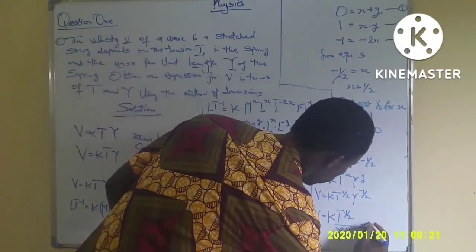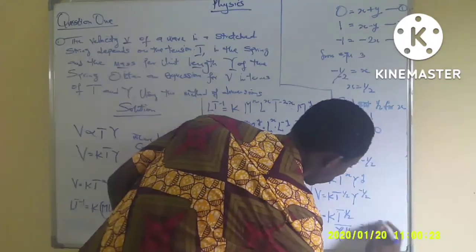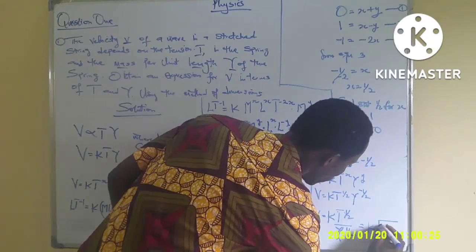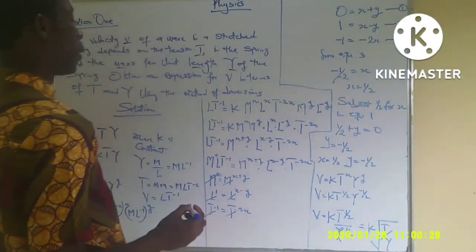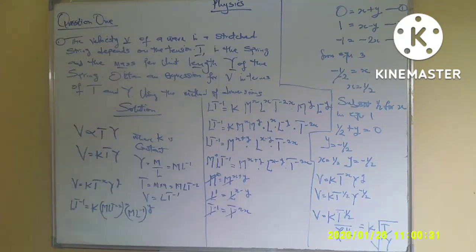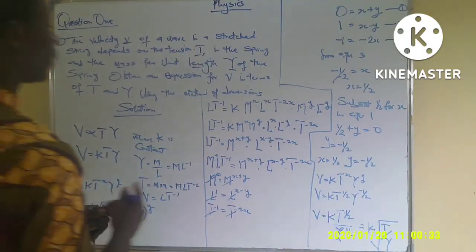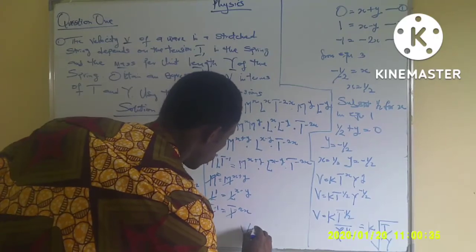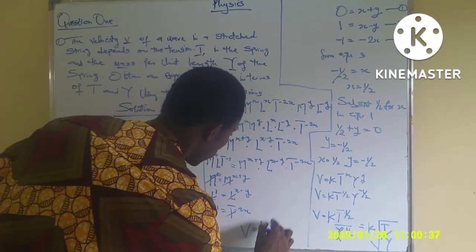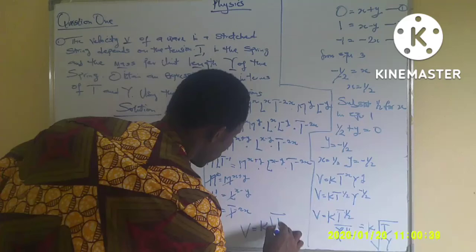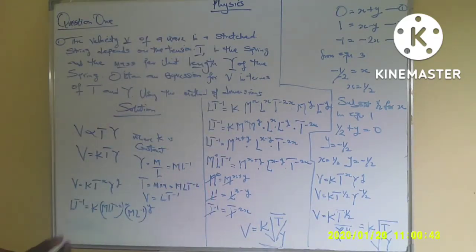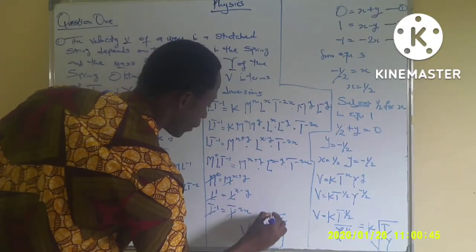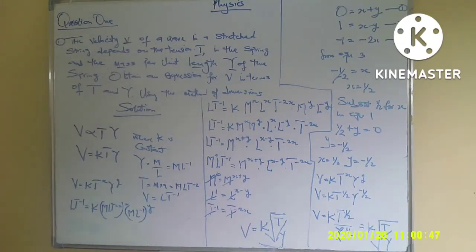We're going to have v equals k square root of T all over mu. So that's the answer. The correct expression for this, we can write it as v is equal to k square root of T over mu. Answer. So that's the dimension expression for this kind of question.